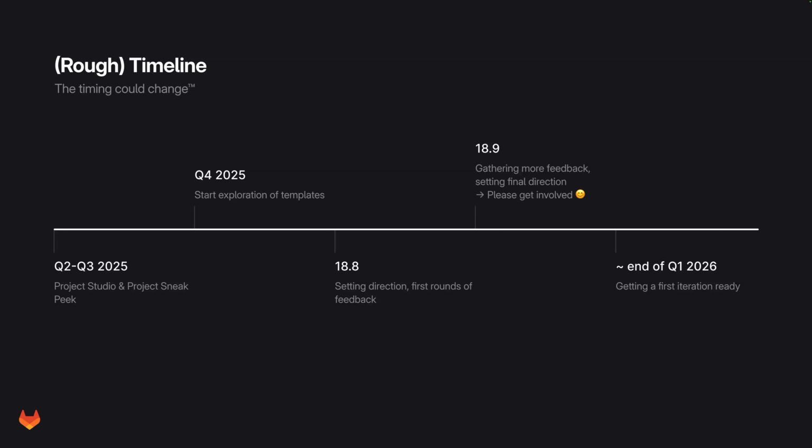In 18.9, we want to gather more feedback to set the final direction. So please get involved, look at our Figma. Please reach out to me if you have any further questions or stuff you want to discuss. Do you see any shortcomings? Do you see any edge cases already? Let's discuss. And we would like to get a first iteration out at roughly the end of Q1.